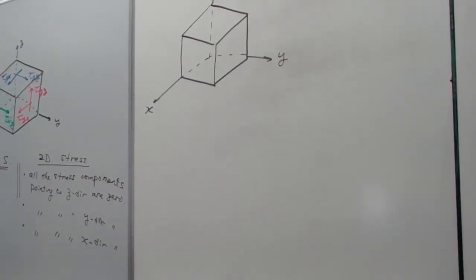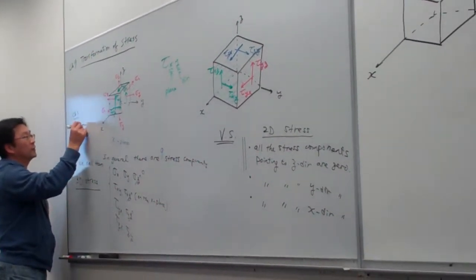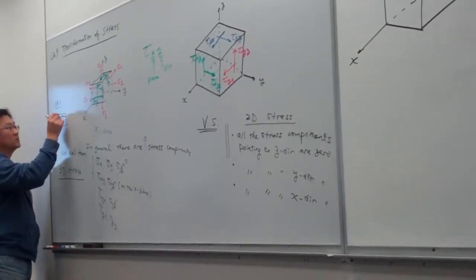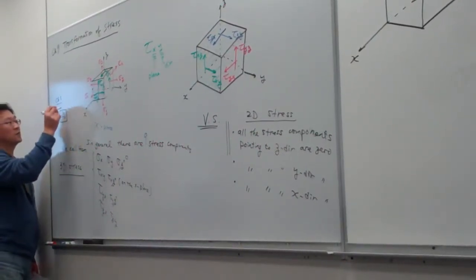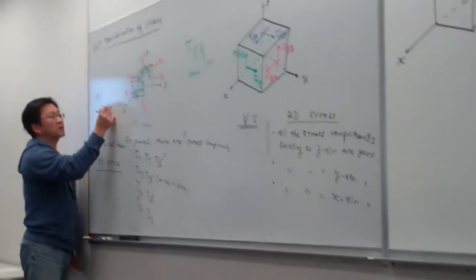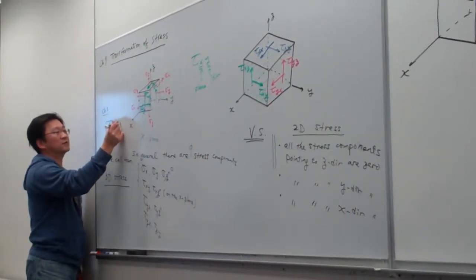I can explain now. In chapter 1, you learned, for example, if this is x and this is the Z direction, then this one will be tau in the x plane, pointing to the Z direction. So this is tau xz.